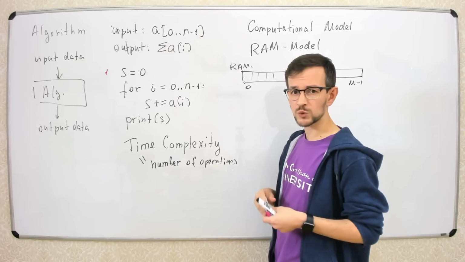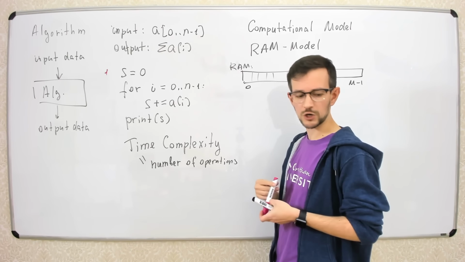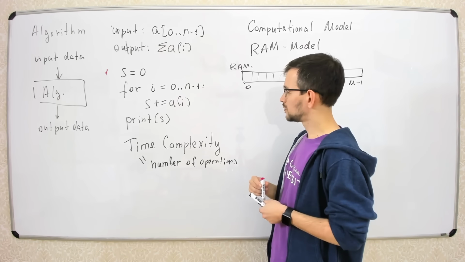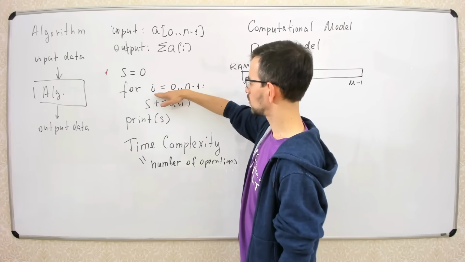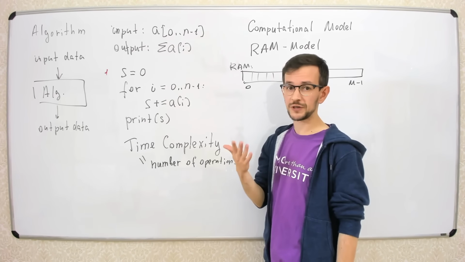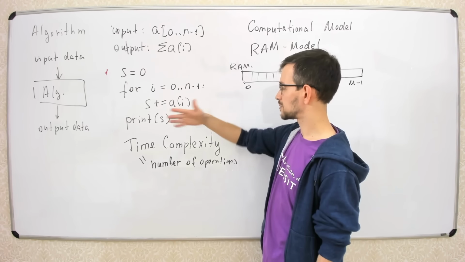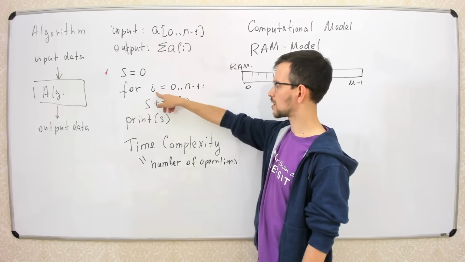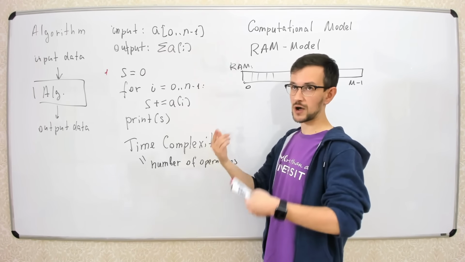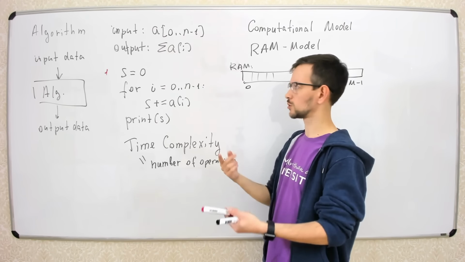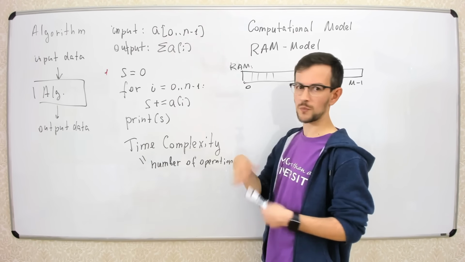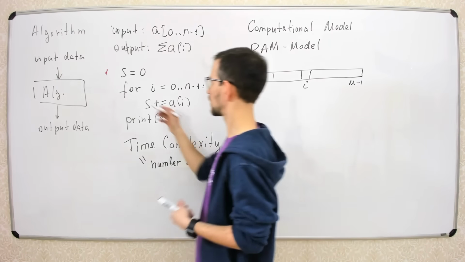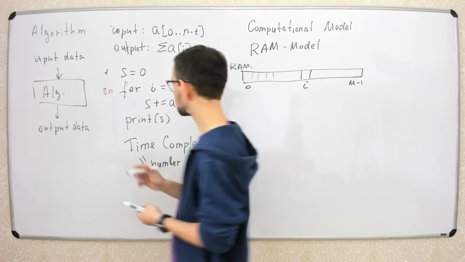What number of operations do we need to go to the next iteration of the cycle? It may be different again, some details. Here we need to increase the value of i, then compare i to n, check if i is less than n, and then go. So it's, let's say, 2 operations per cycle. So we have 2n operations spent here.